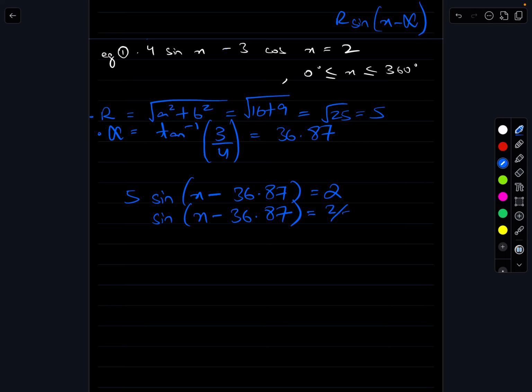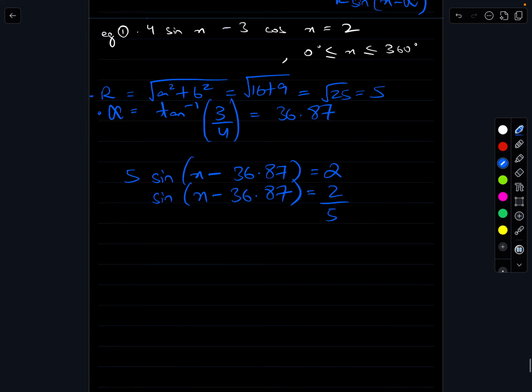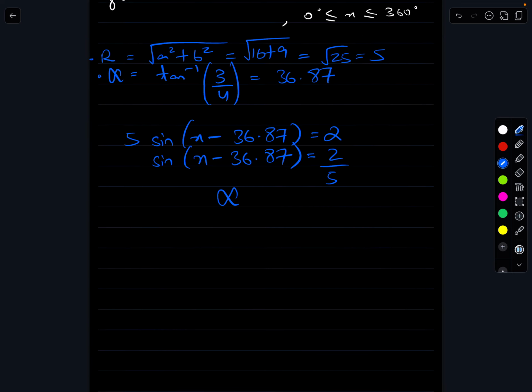So we have 2 over 5. Now let's find alpha. So replacing this whole thing by alpha, I'll change the color.